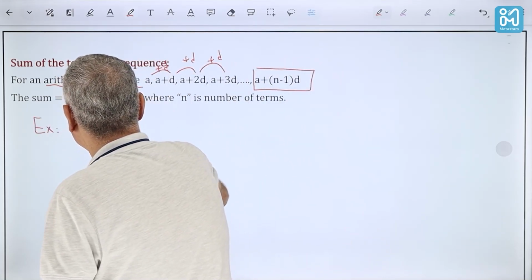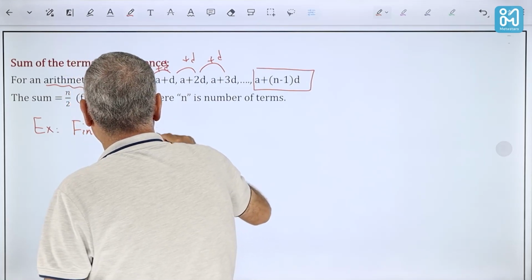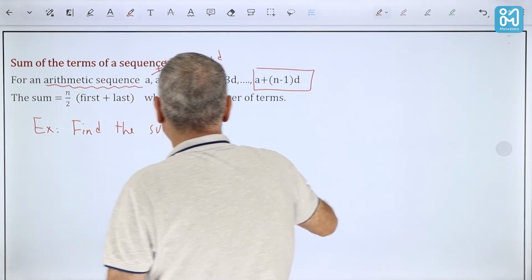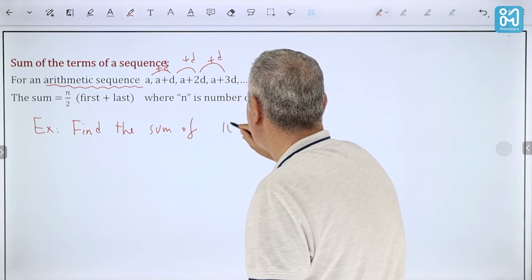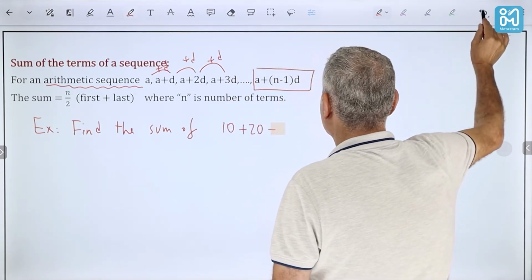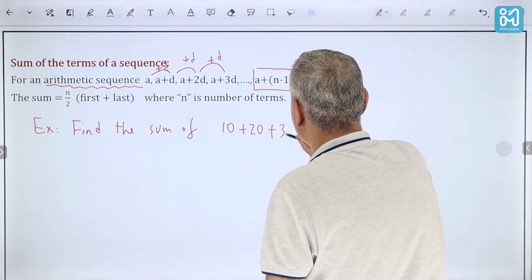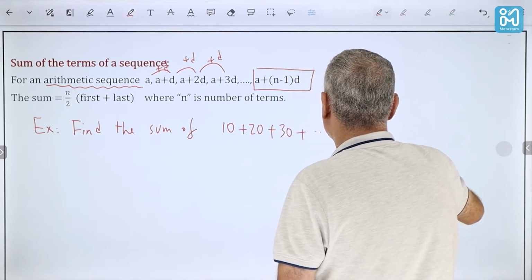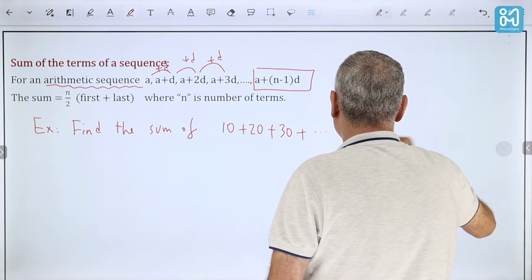Find the sum of, let's say, 10 plus 20 plus 30 plus up to 200.